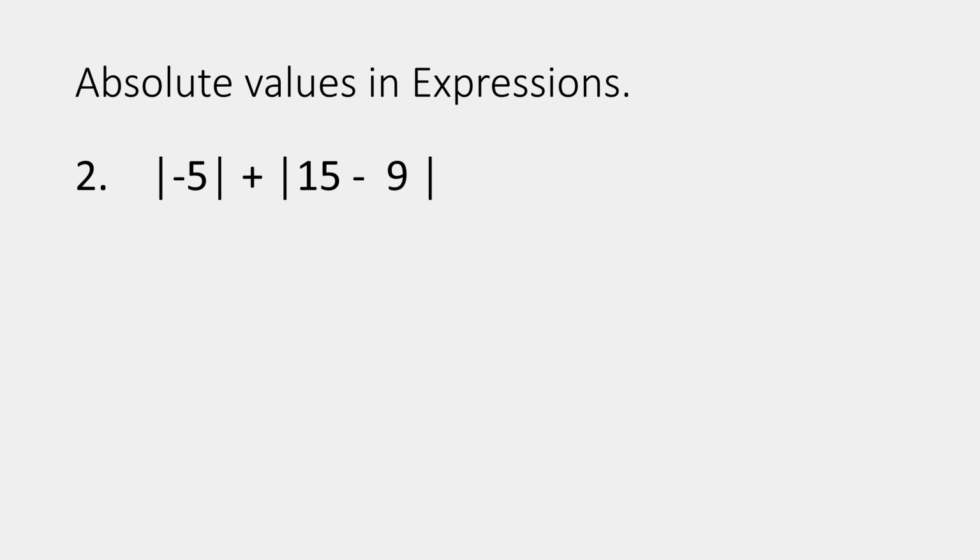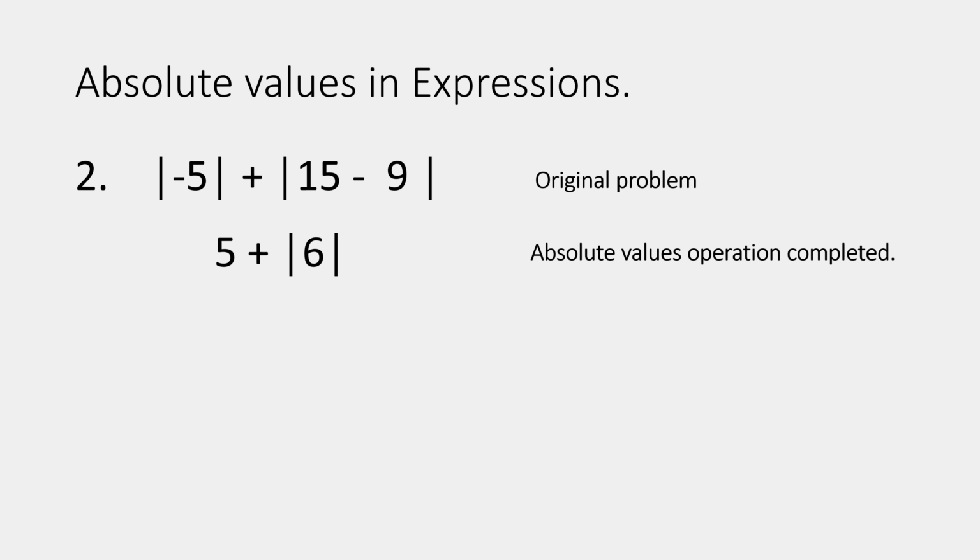Question number 2: the absolute value of -5 plus the absolute value of 15 minus 9. That is the original problem. We basically have to find the absolute values and perform the necessary math operations. So we will start with 15 minus 9. The answer will be 6, the absolute value of 6. And the 5, we just copy it without the brackets.